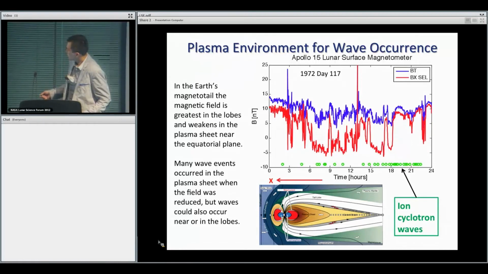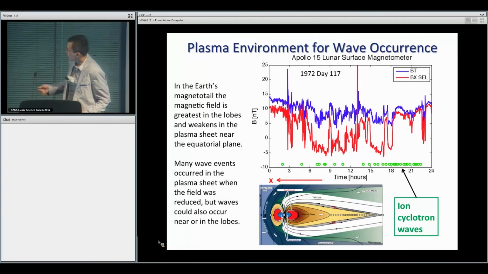It seems very easy to observe them at the surface of the moon, but it is a little difficult to tell whether or not these waves are, we're sure that the waves can be observed inside a plasma sheet because of these crossings of the plasma sheet.